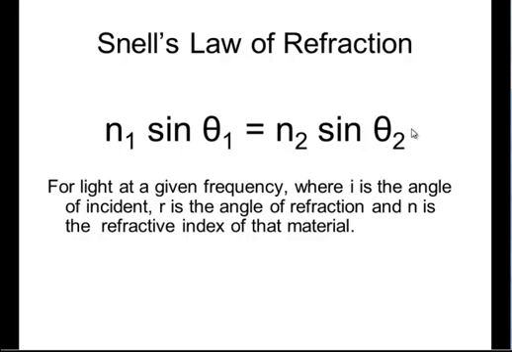So this is the law you're going to use to do any calculations. And actually it's quite useful, because in many situations, when we're looking at a second medium, we normally assume that n1 has a value of 1 because we're assuming that light is coming through a vacuum. So that's the law you're going to have to use to think about refractive index.